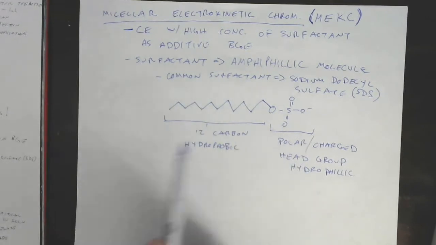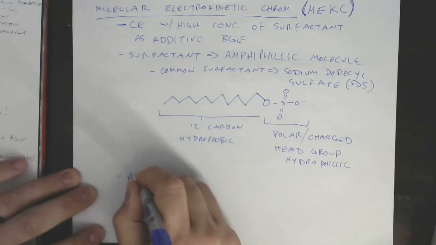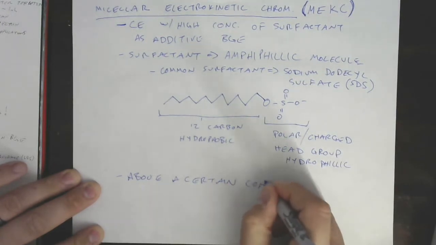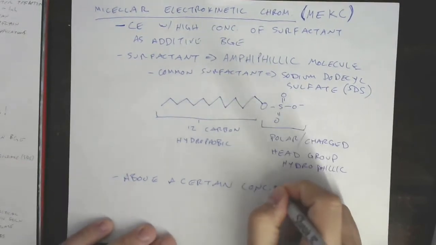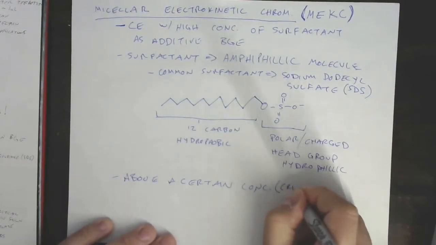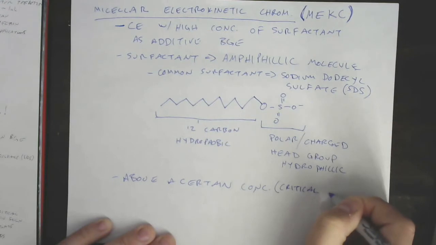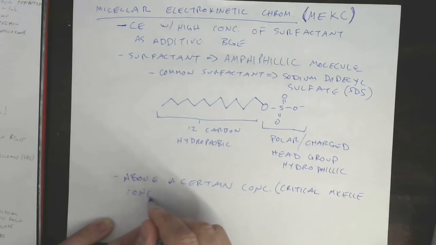So for any molecule like this, which includes biological lipids that you might be studying in your research, but it's true, of course, of these synthetic surfactants, there's a certain concentration above which, and this concentration is specific to the molecular structure of your surfactant, that is called the critical micelle concentration, or the CMC.